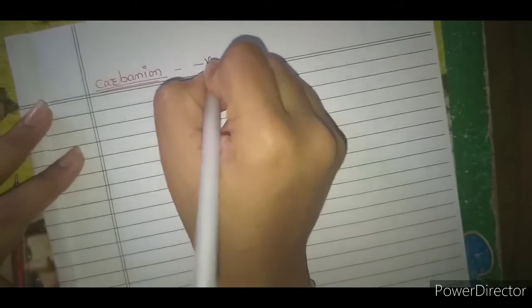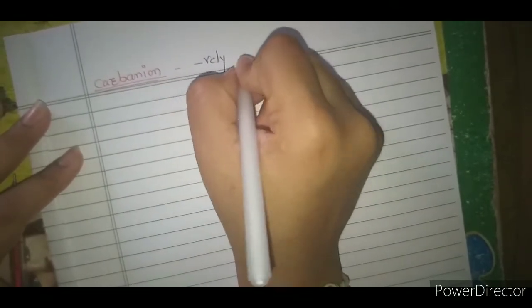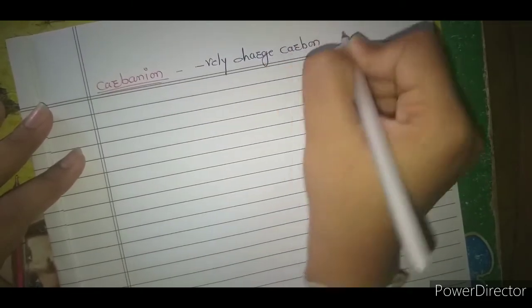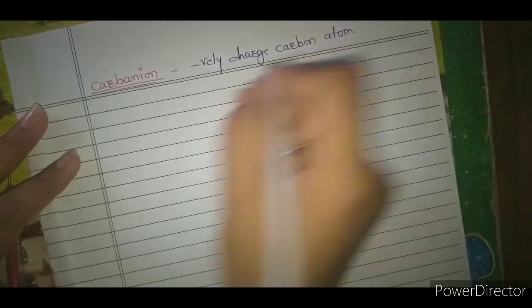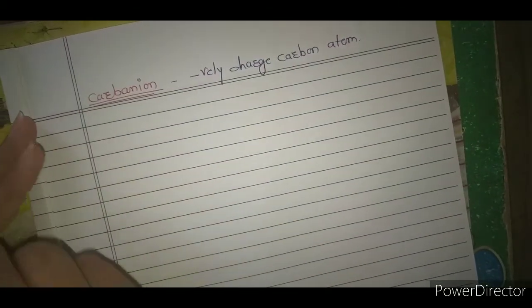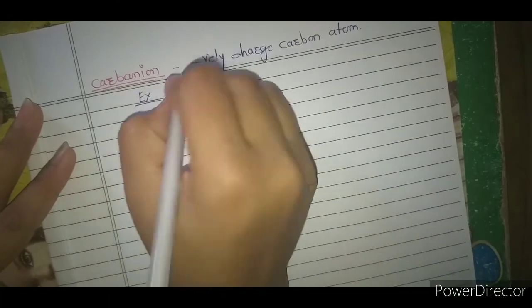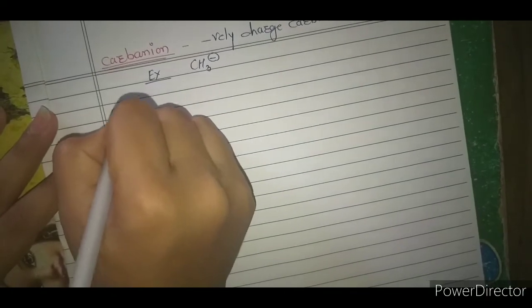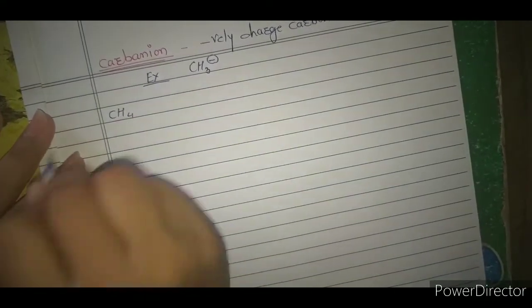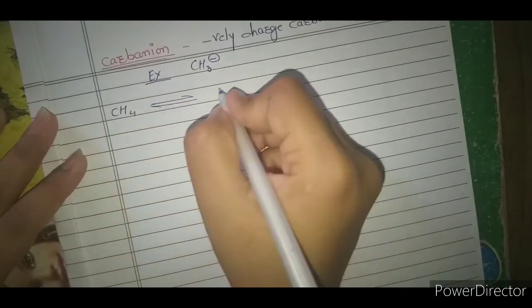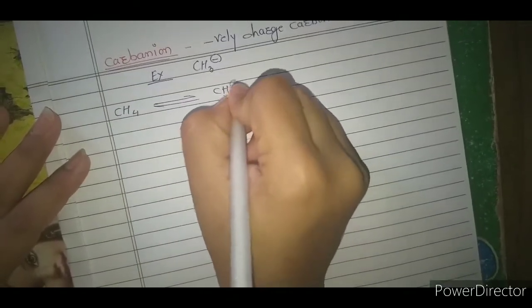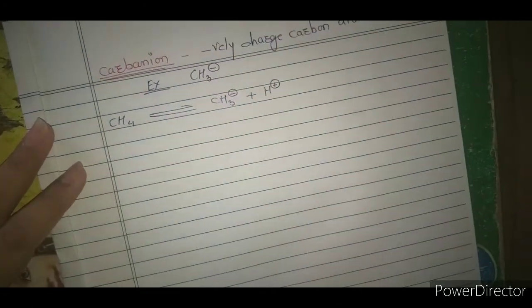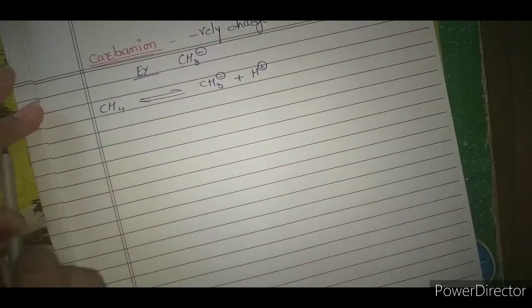A negatively charged carbon atom is called a carbanion. So an example of carbanion is CH3 minus. It is your methane. It forms CH3 minus plus H plus. So it is your carbanion.